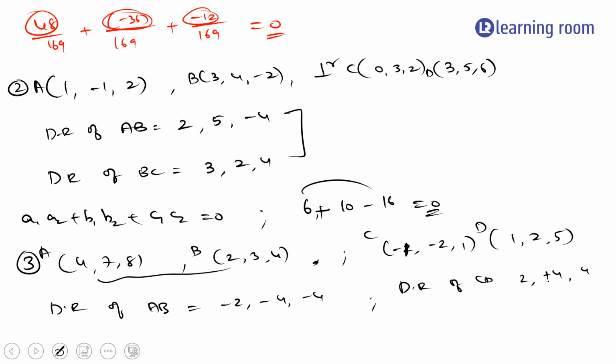If 2 lines are parallel, what is the relation between their direction cosines? I told this the other day. The direction cosines are exactly the same numbers. If you don't know this point, make a clear note: if 2 lines are parallel or collinear, the direction cosines of those 2 lines are exactly the same.